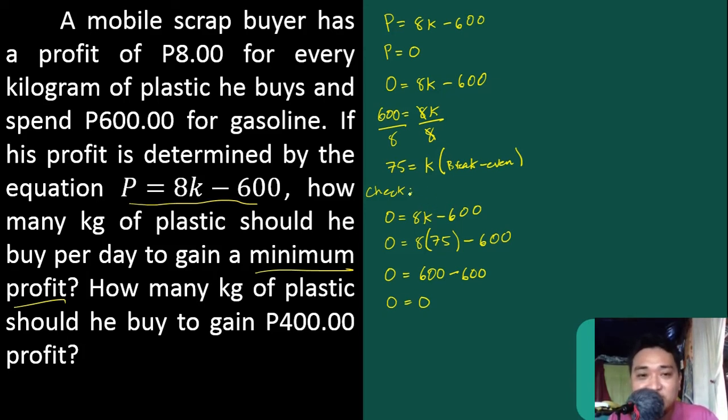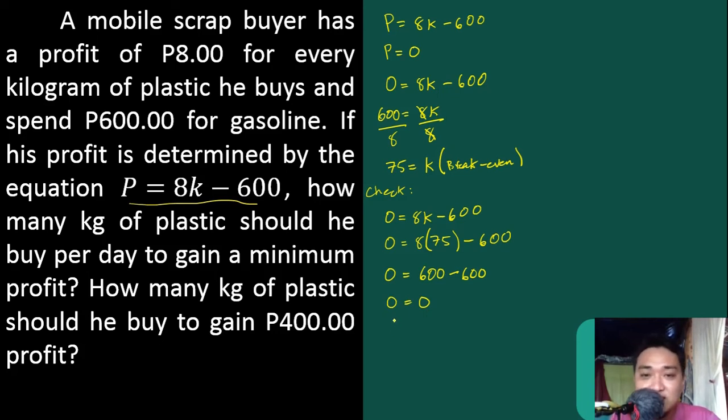Now, since alam na natin yung break even, yung patas na kita, sa tingin nyo, ilang kilo kaya on minimum ang kailangan niyang iuwi para magkaroon siya ng profit, minimum profit, yung pinakamababang profit? So, all we have to do now is to add 1 kilo in 75. So, kung per kilo, in the basis of per kilo, mag-add lang tayo ng 1. So, the minimum profit should be, para pag uwi niya, meron siyang kahit papano kita na 8 pesos.